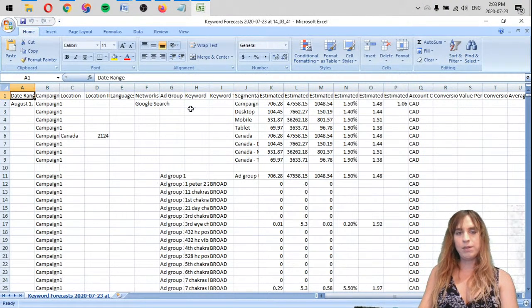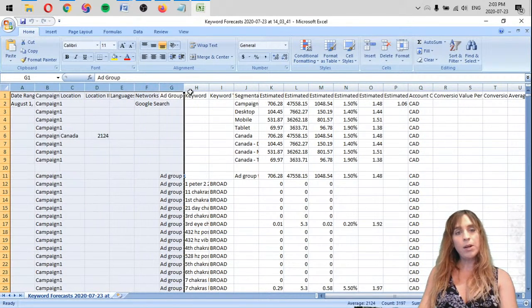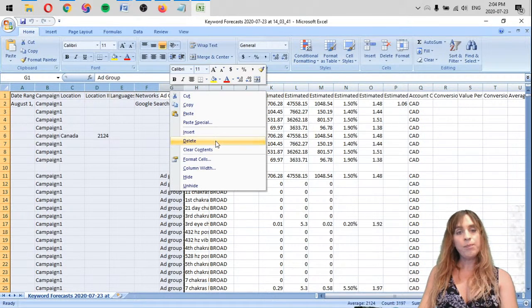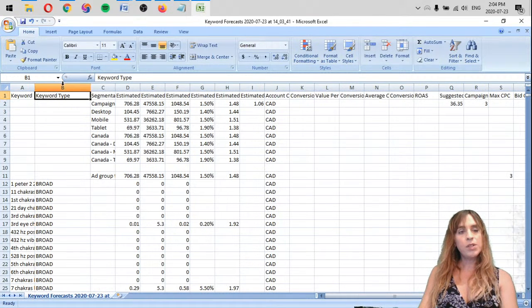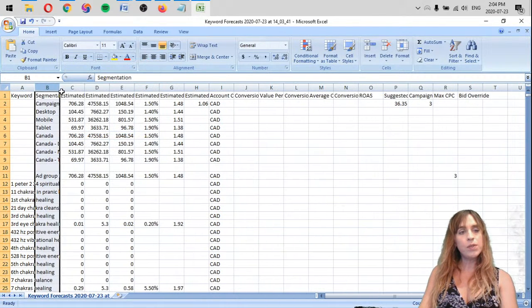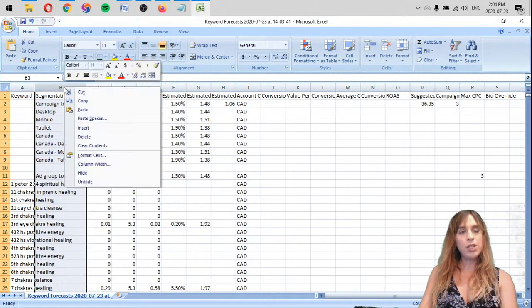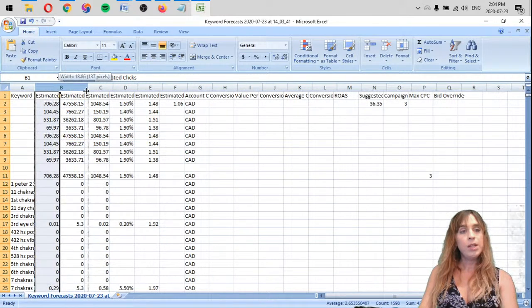And this is what it gives us. There's a whole lot of irrelevant information for us here. So again, I'm going to get rid of these first 6 categories. Keyword type, we don't need to worry about those. Segmentation, again, don't need to worry about it.